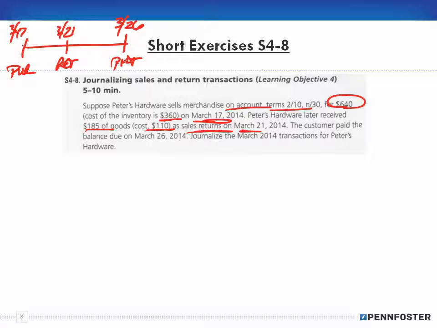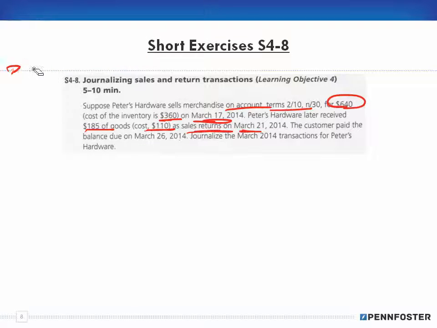As the moments in time pass, that's the way you're making your journal entries based upon the transaction. So on 3/17 I have to make journal entries, then on 3/21 I make them, and on 3/26 I have to make them, and each one is predicated upon the other.